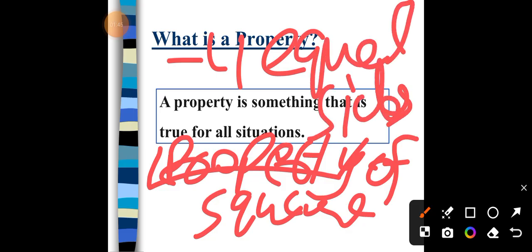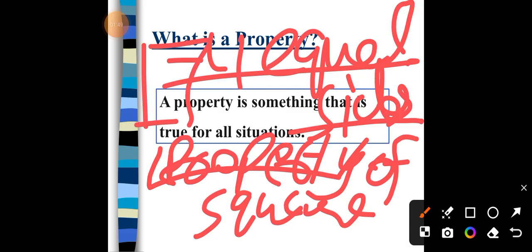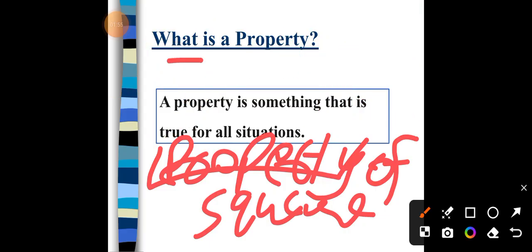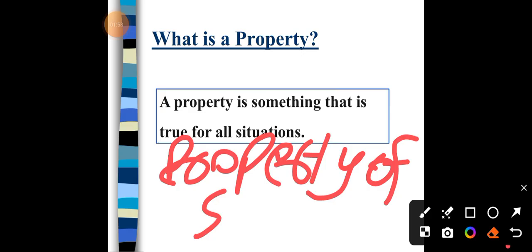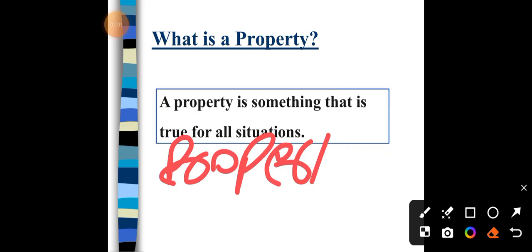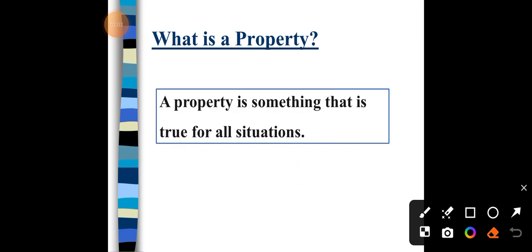Now I say this situation, that means actually its four sides are equal. Look, its four sides, all sides are equal. That means it's said to be true that all four sides are equal. So now here you can see that a property is basically something that is always true for all situations.